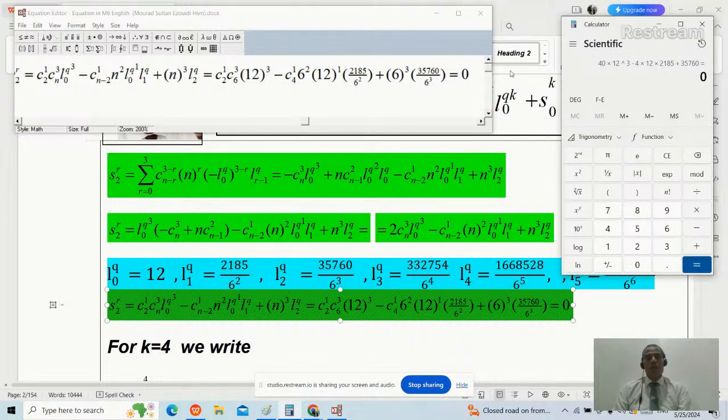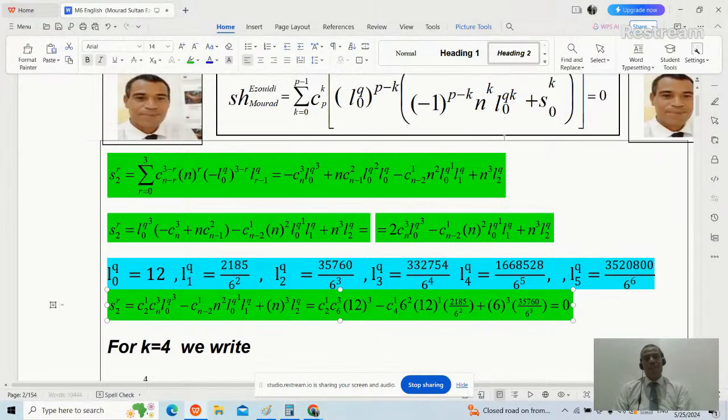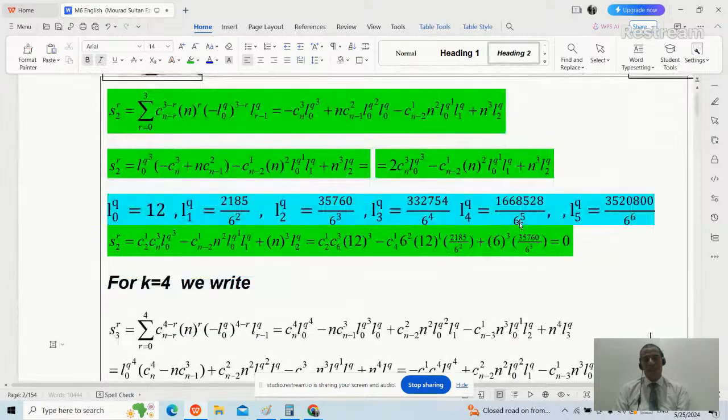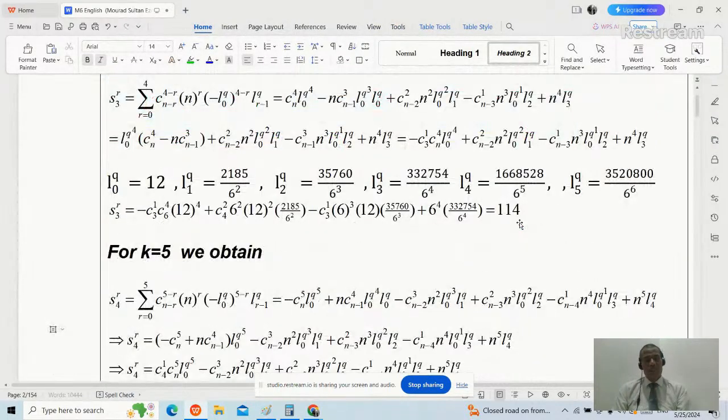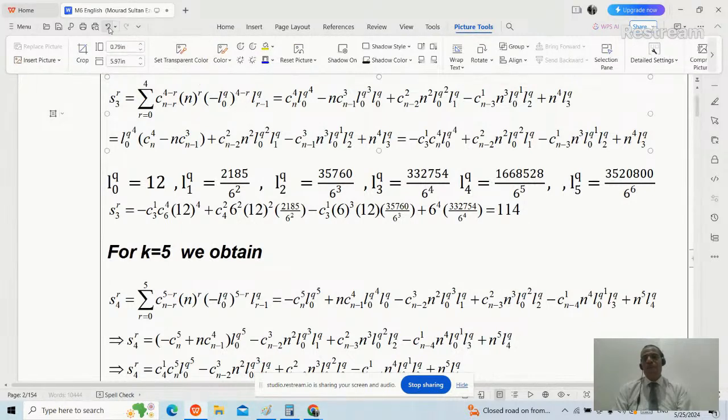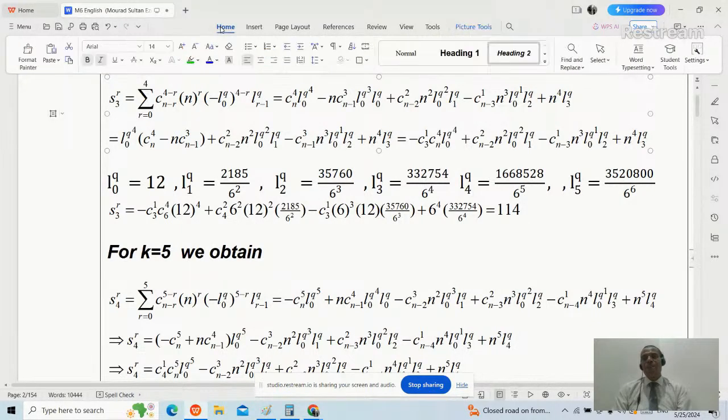So the value of S2, learners, is calculated and the value is 0. Now we continue proceeding to find the value of S3, which means you are going to set K equal to 4 to find S3.